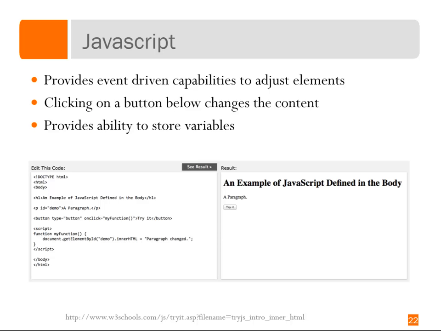Now we'll discuss JavaScript as a component that will assist us with our data visualization work. So JavaScript is a technology, and essentially it provides event-driven capabilities to adjust elements. And you can think about it as JavaScript is sort of my code library to make things actionable.